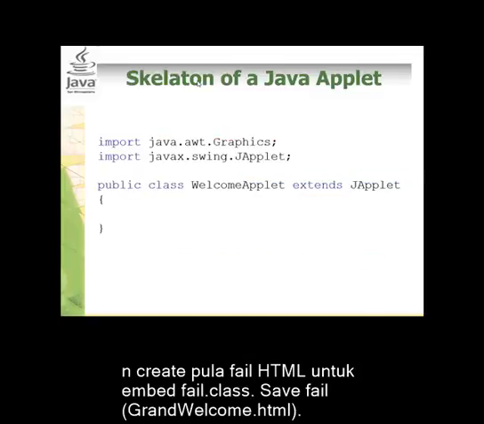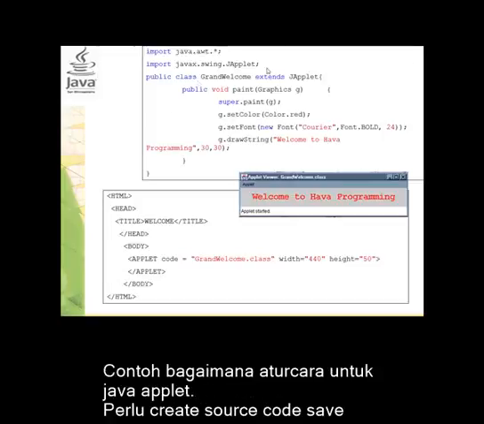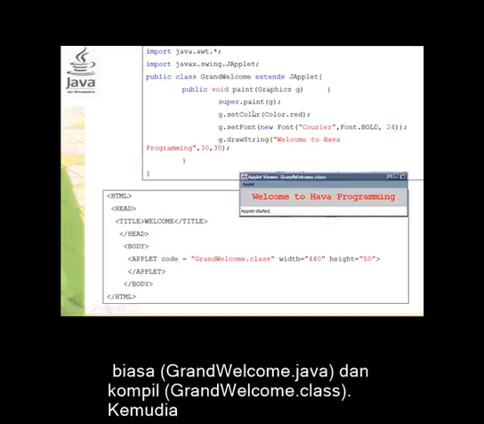This is also another example. We have this class, WelcomeClass, extends JApplet, and then you have one method inside here, and this is all the design of the interface for the applet.